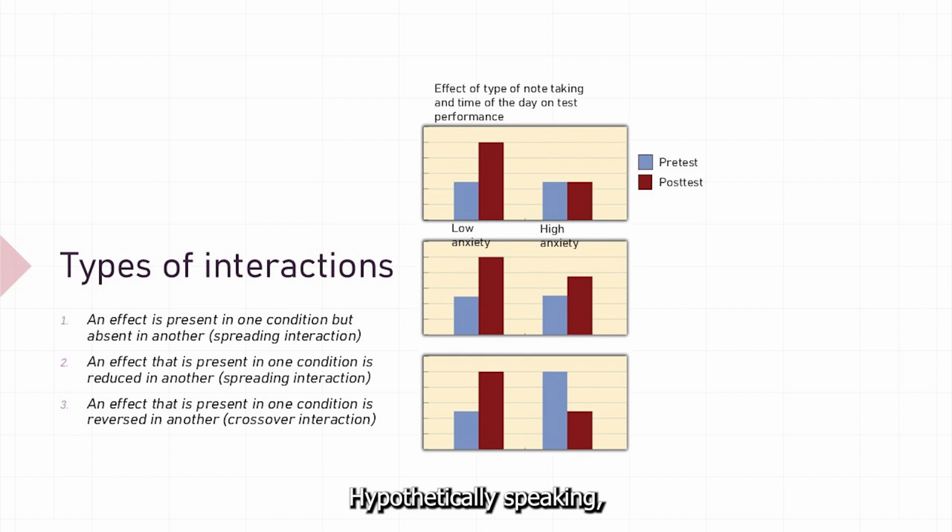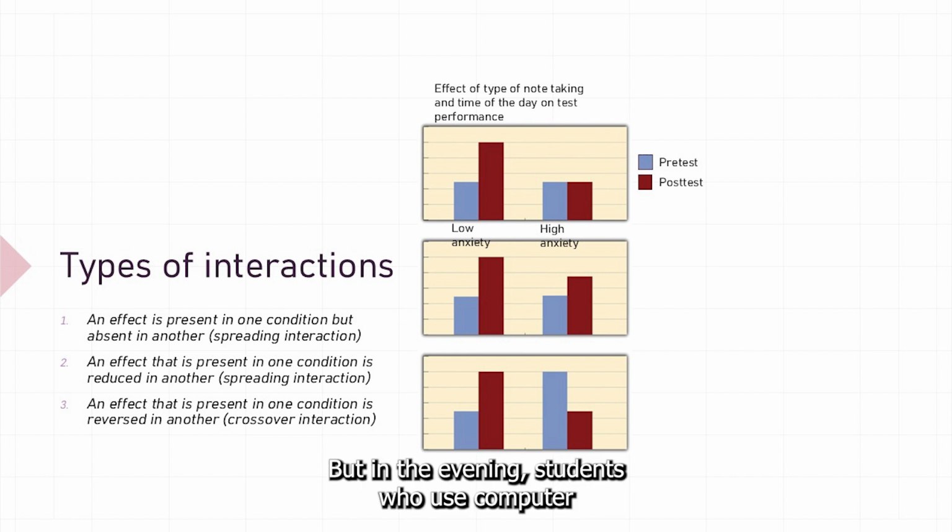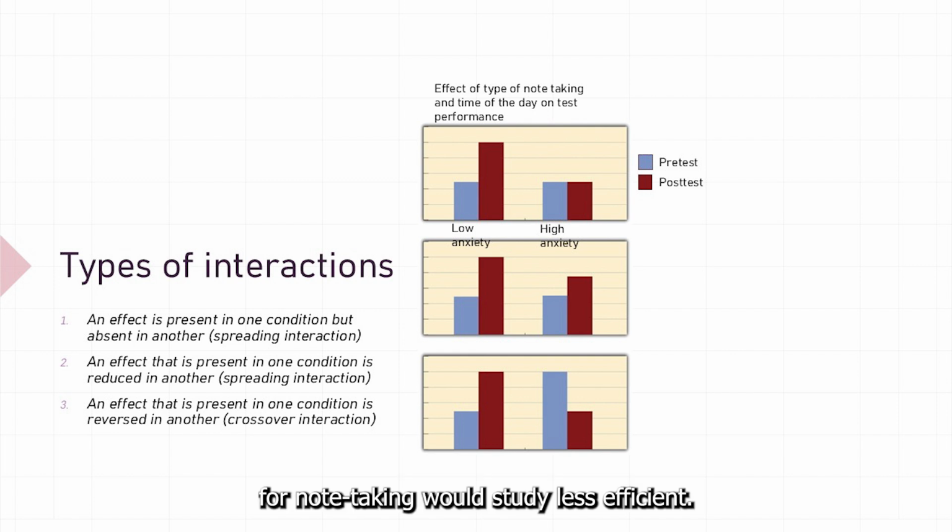Hypothetically speaking, there is no difference in learning efficiency between the two types of note-taking in the morning. But in the evening, students who use a computer for note-taking will study less efficiently.